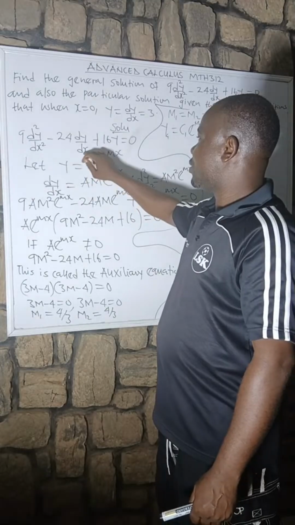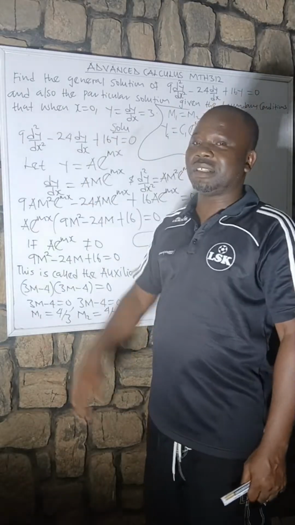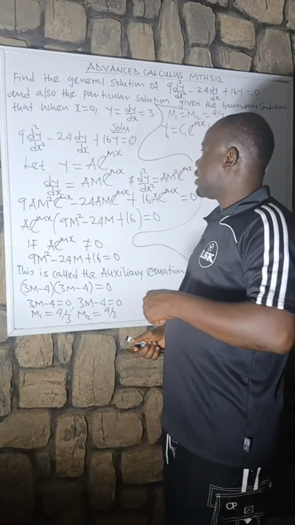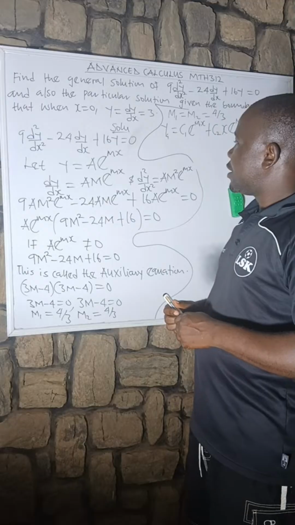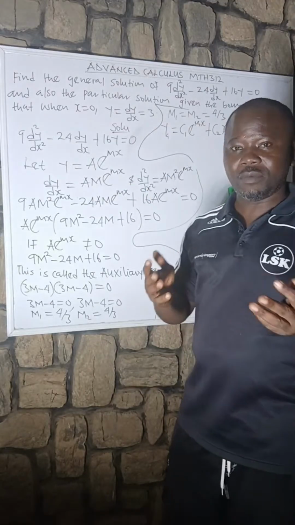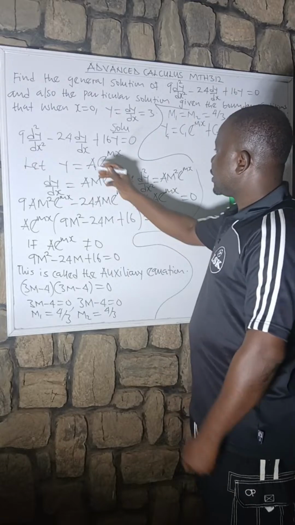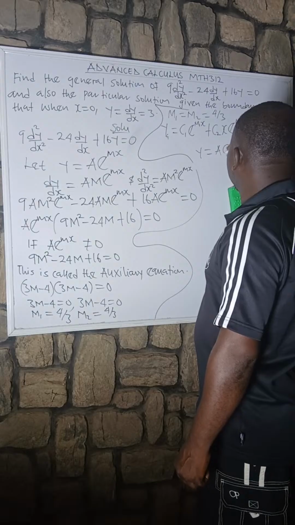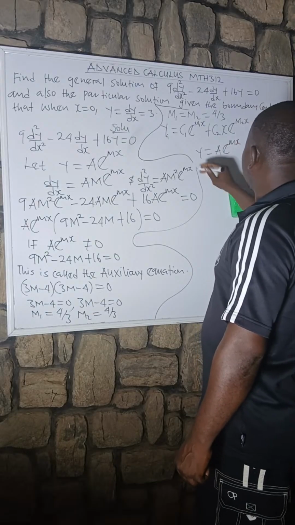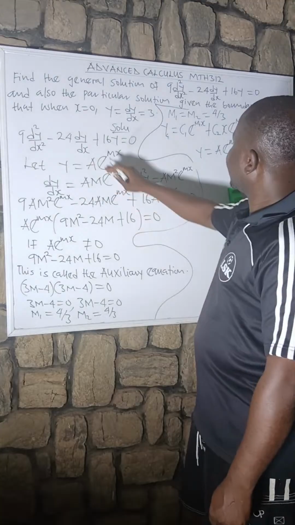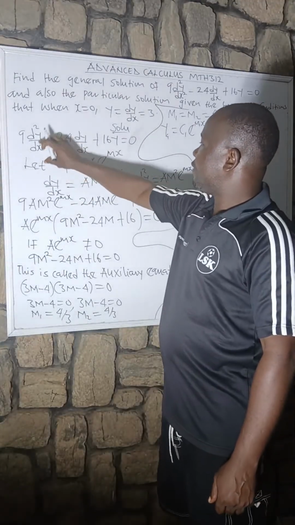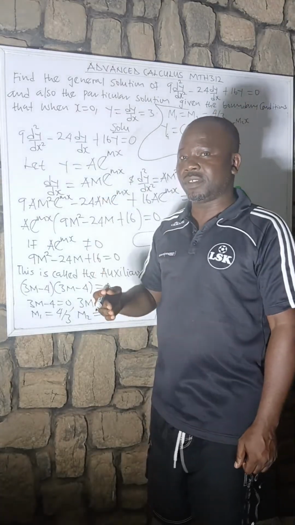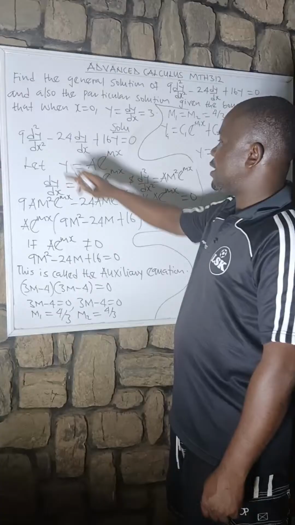I know you came late, and I mentioned it in my video before we started that the reason why we say let y equal a exponential mx is because in the differential equation, y is the dependent variable, and x is the independent variable.